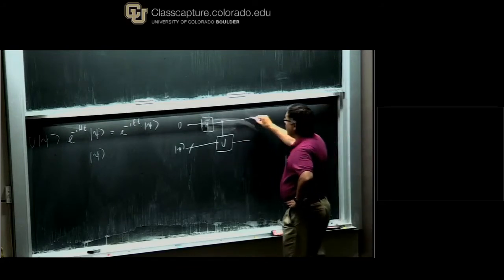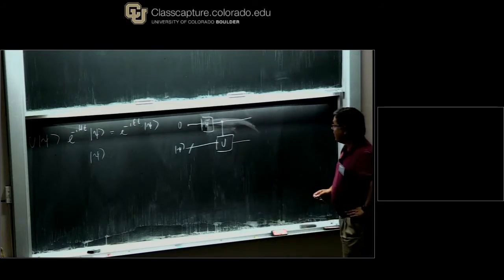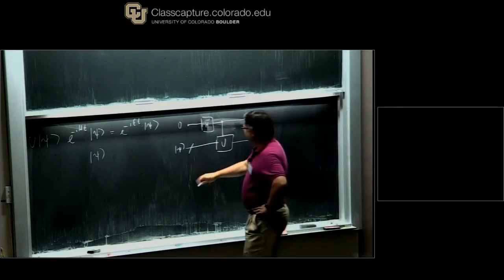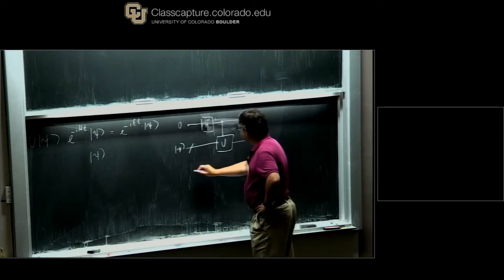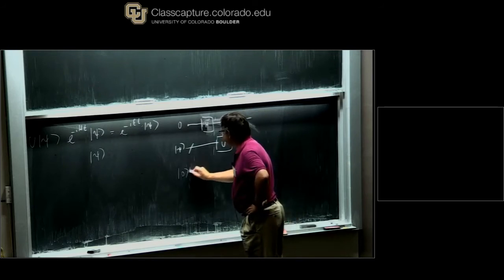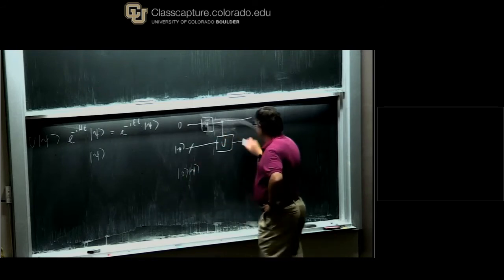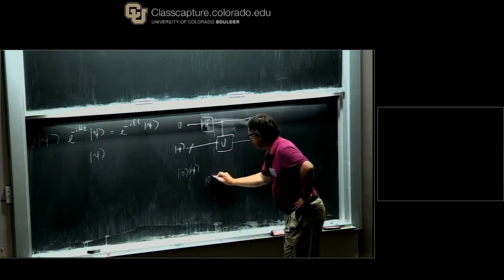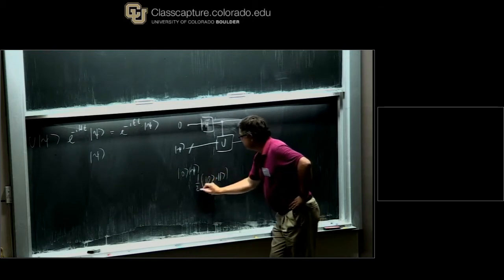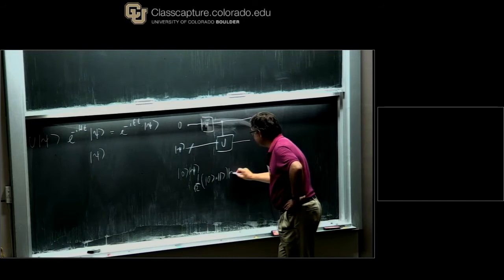So what do I get here then? I start with 0 and psi. Then here I get the state 0 plus 1 over root 2 times psi.